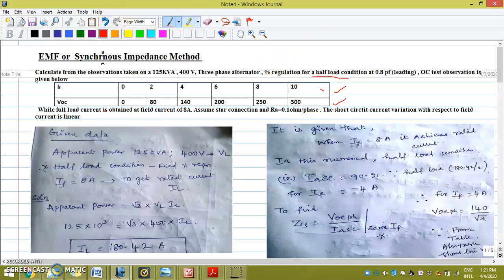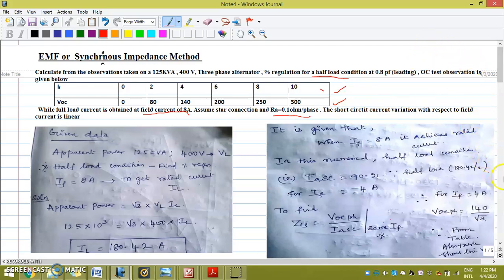They have also given a hint that when the field current is 8 amps, we achieve the rated current, the full load current. Okay, fine. Assume the star connection, and the armature resistance they have given us is 0.1 per phase.